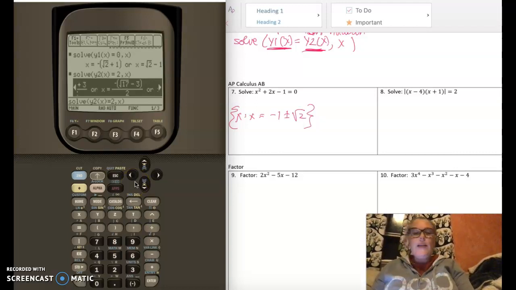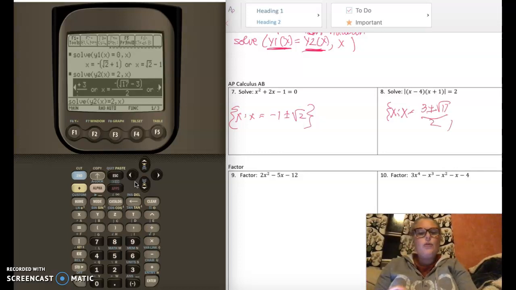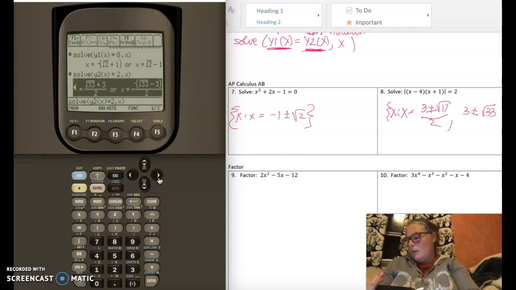So now, if it was asking for the exact value solution, maybe graphing wasn't the best way to approach this. So we have, oops, x such that x is equal to, that would be 3 plus minus root 17 over 2, comma, and the other 2 are, let's use the arrow key, 3 plus minus the square root of 33, maybe, over 2.